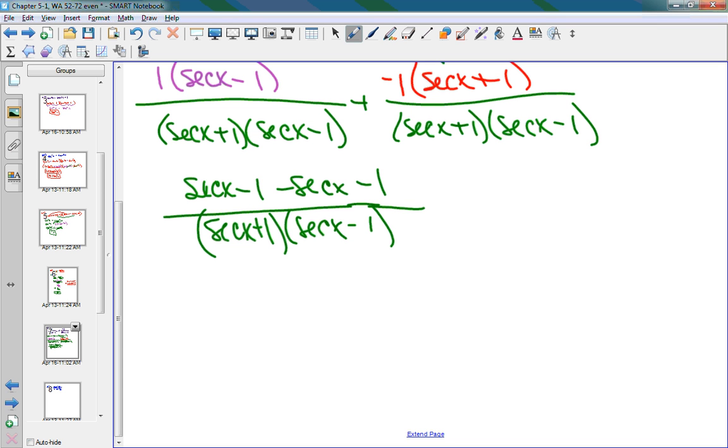Okay. Now, what I do on the top is simplify. My secants cancel out, I'm left with negative 2. And on the bottom, what do you think you're going to do? FOIL that. And that's going to give you conjugates. So I multiply the first together and the last to give me secant squared minus 1. Does that look familiar? If you solve that second identity for tangent squared, you're going to get secant squared minus 1.